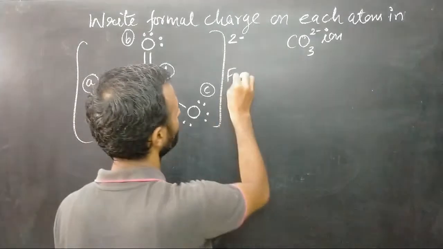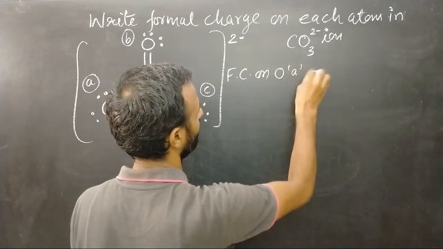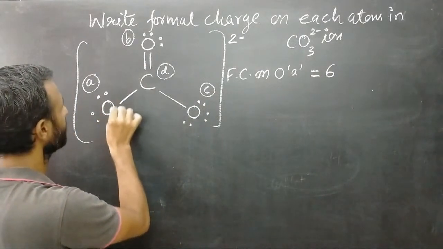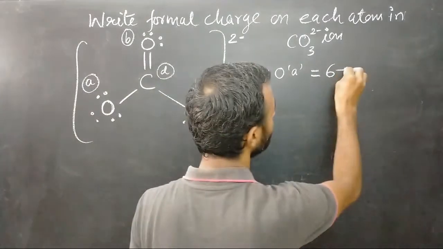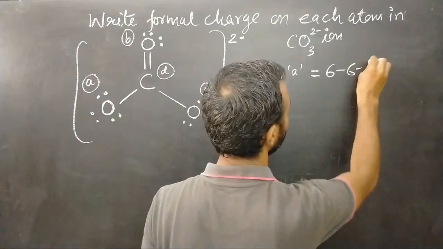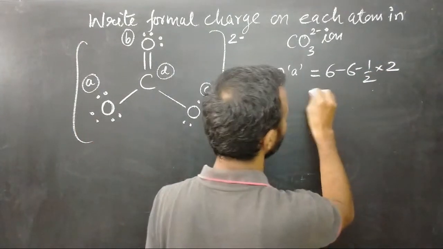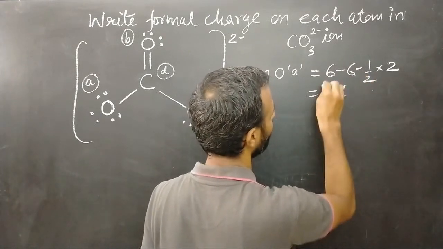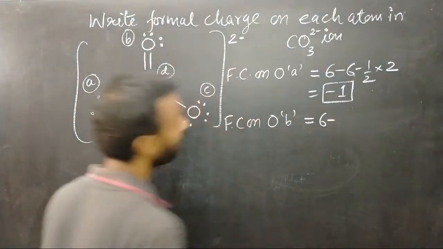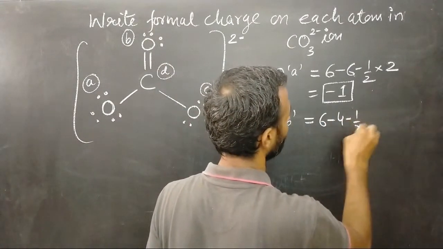What is the formal charge on oxygen A? Oxygen has 6 valence electrons, minus unshared electrons, 6, minus half of shared. Shared electrons are 2, so 6 minus 6 minus 1 gives minus 1. On this oxygen, valence electrons are 6, minus unshared, 2 plus 2, 4, minus half of shared.